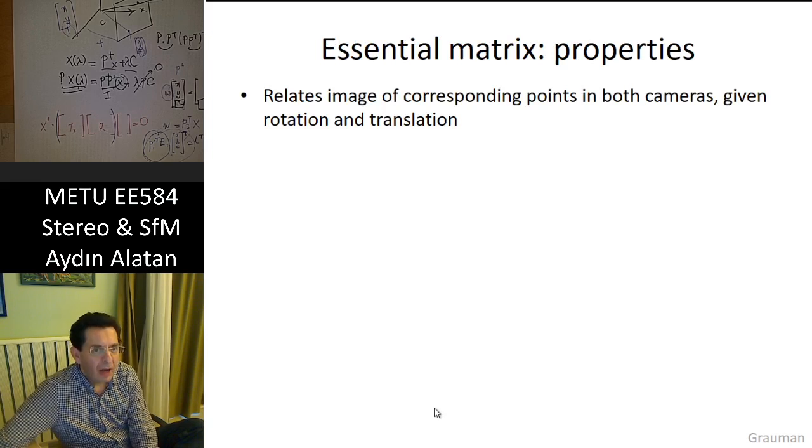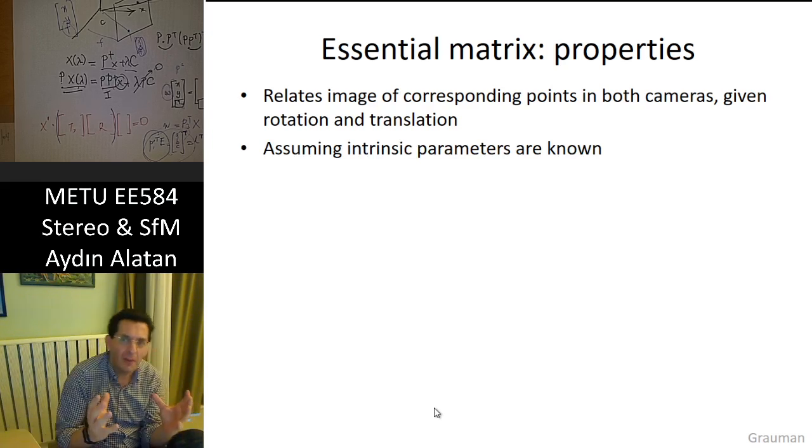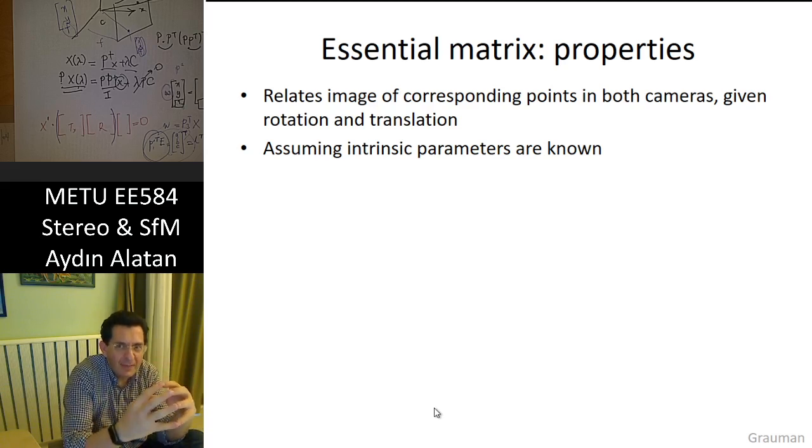What are the properties of our essential matrix? First of all, it is a result of rotation and translation between two camera systems. Nothing but pure transformation, rotation and translation. They are multiplied as matrices.